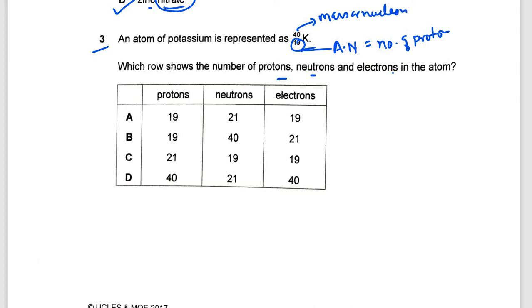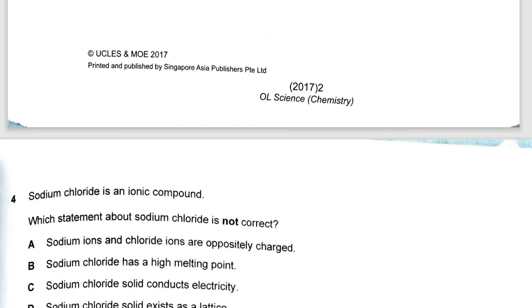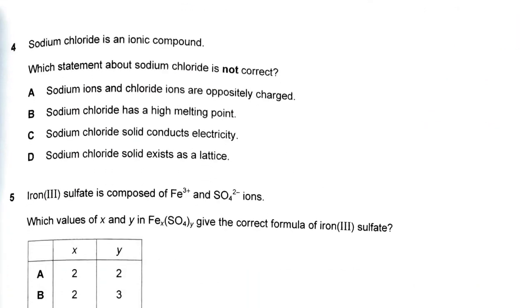What is this nucleon number? This is your protons plus neutrons. So if you look at this question, A and B are the only options you have. Now if you look at the number of electrons, every atom is electrically neutral, so it will be 19 and 19, so option number A.